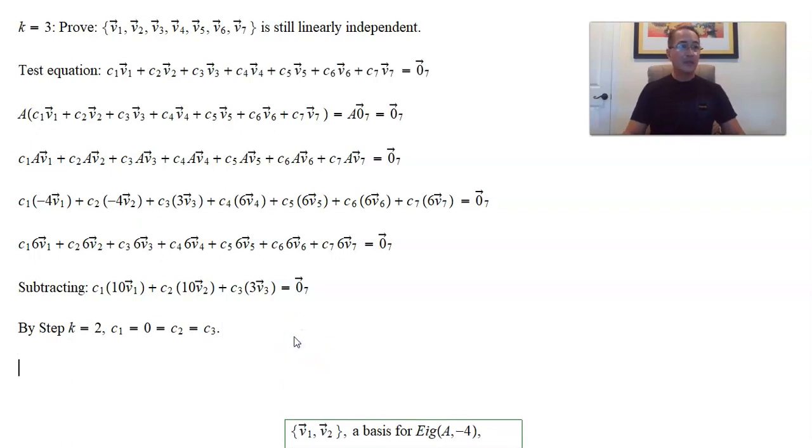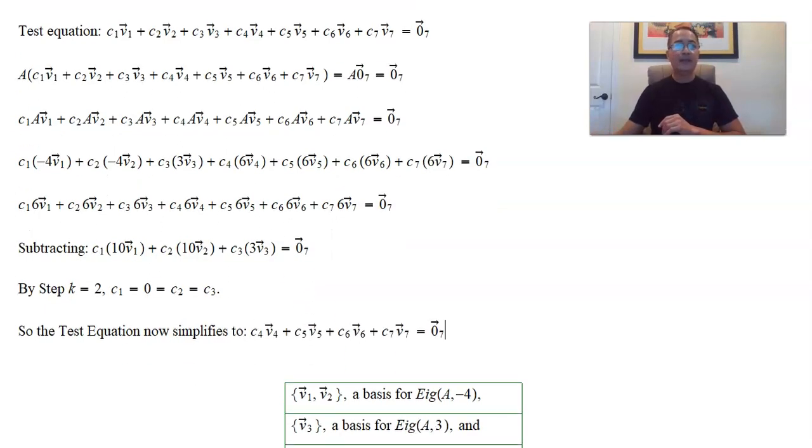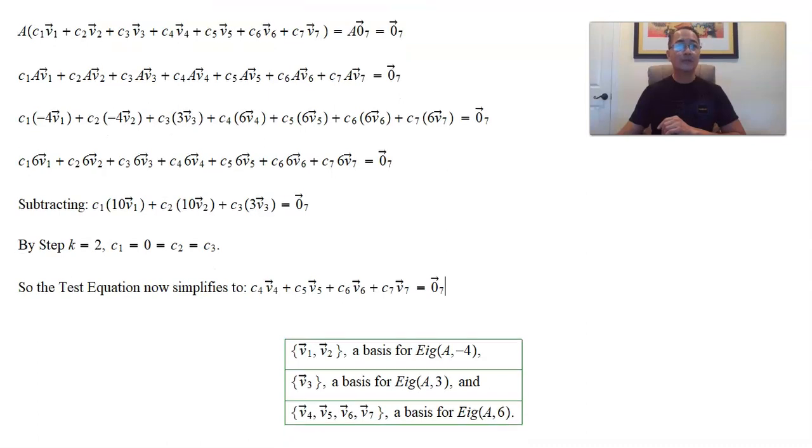So the test equation now simplifies to that. Only the last 4 terms. But wait a minute, v4 through v7, those are your basis vectors for the last eigenspace.